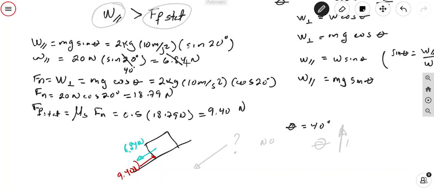So this value will now be 12.86 newtons, right?